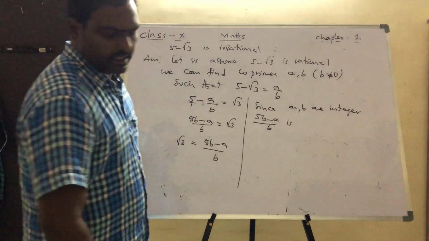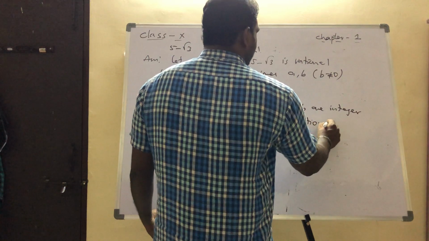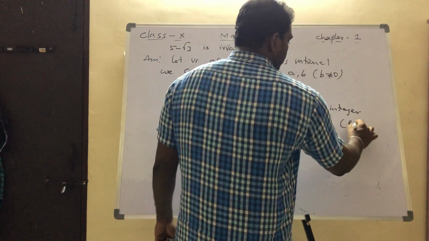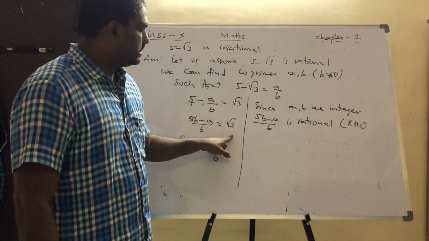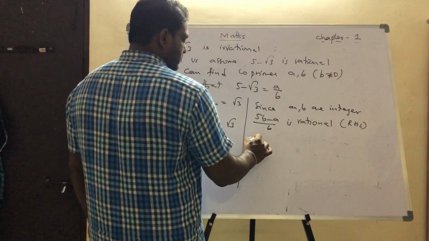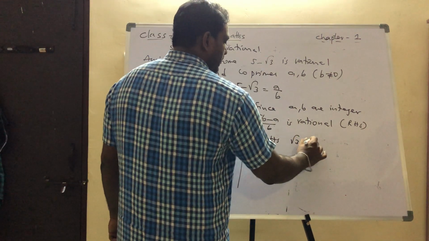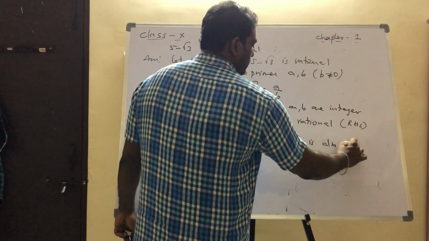What is the 5b minus a by b? That is the RHS, the right hand side. Since the RHS is rational, the LHS is also rational. So therefore the LHS, root 3, is also rational.